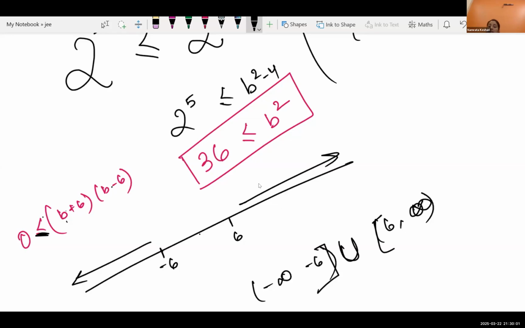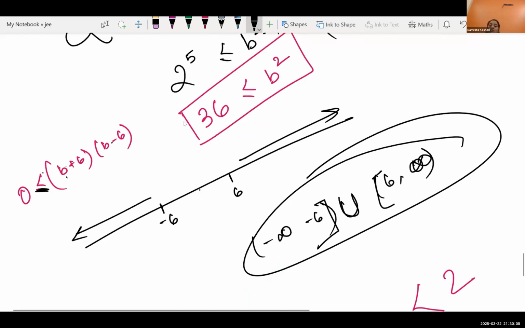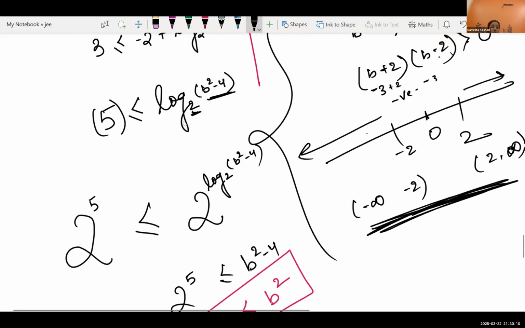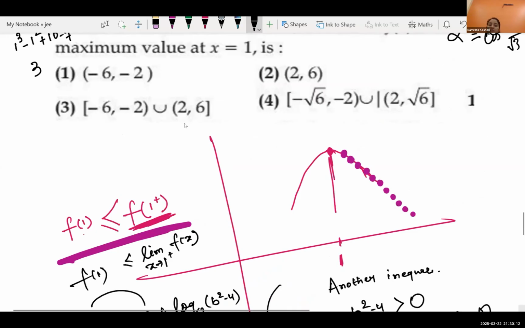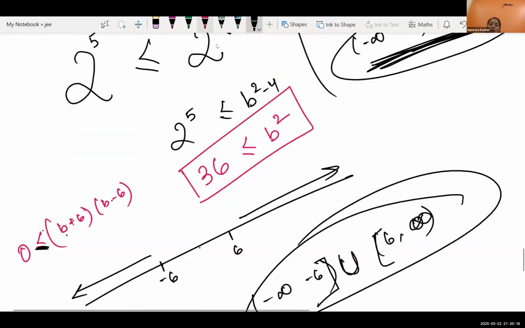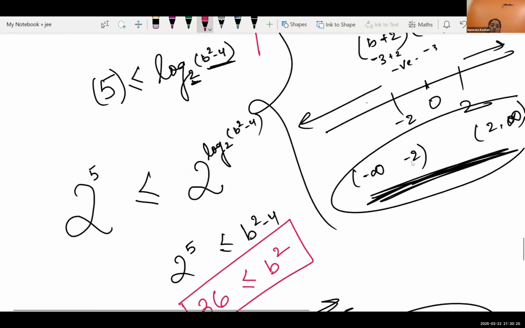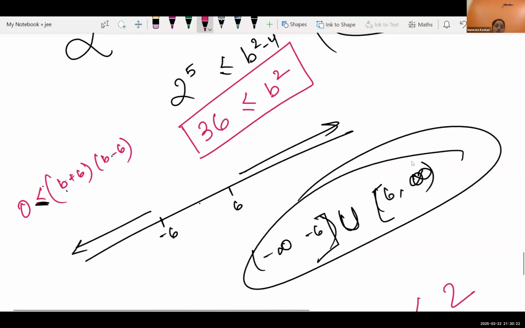But previously you already have one more condition. You have to take the intersection of this one and this one, the common solution. Are you getting it? Yes, ma'am. Representing the common solution: minus infinity to minus 2, suppose here minus 2 is there.